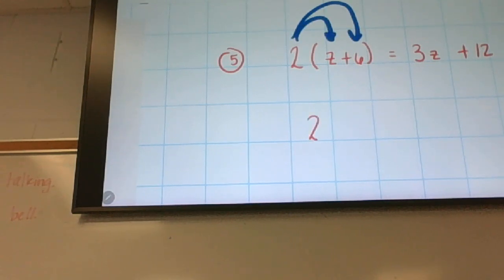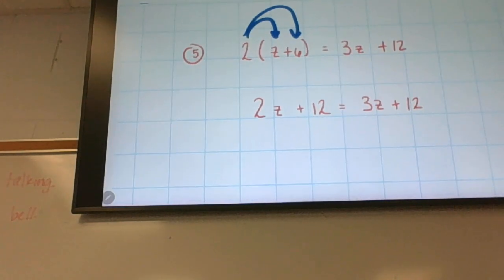All right, so we have 2z plus 12 equals 3z plus 12. That does look like a 0.